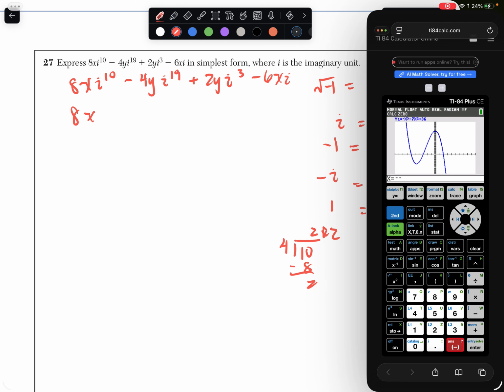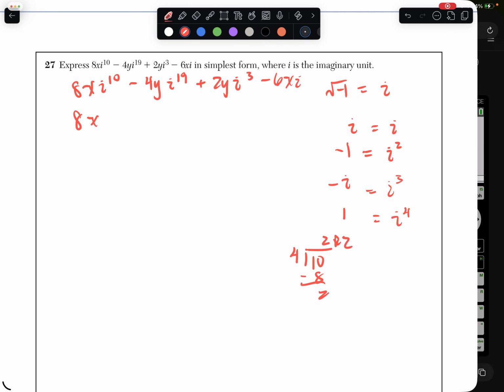This one would be remainder 1, remainder 2, remainder 3, and this one would be remainder 0, or remainder 4, depending on how you look at it; they're equivalent. So here we have remainder 2, so that means i to the power of 10 is equal to i squared, and i squared is equal to -1. So this would actually be times -1.